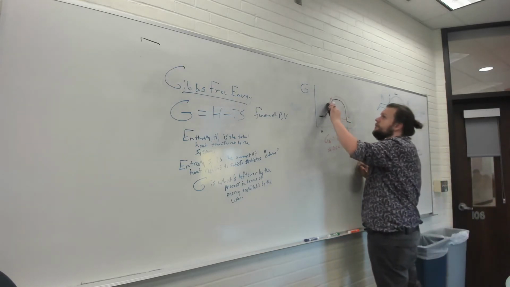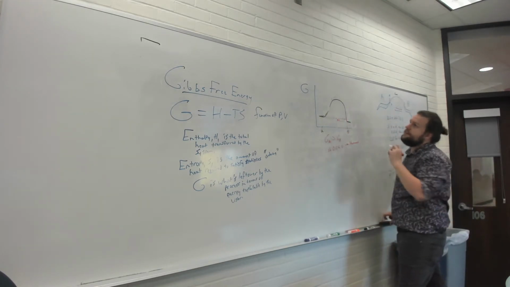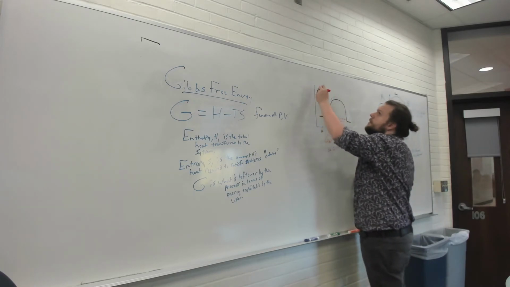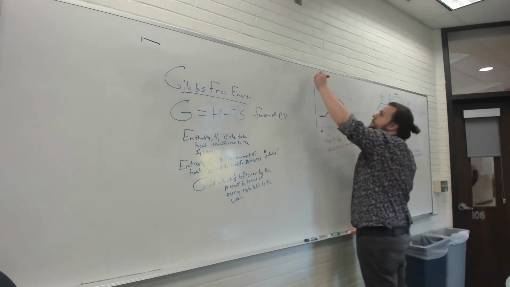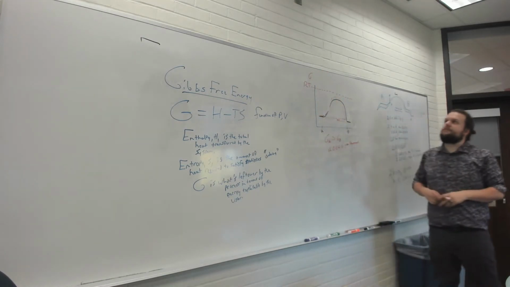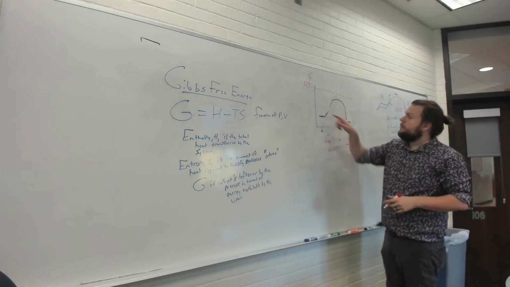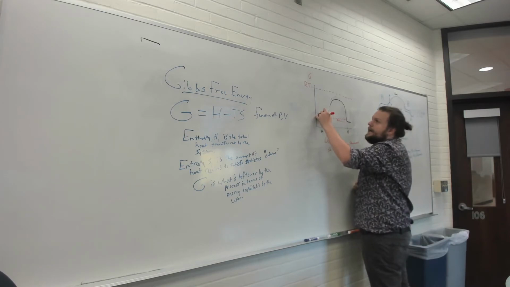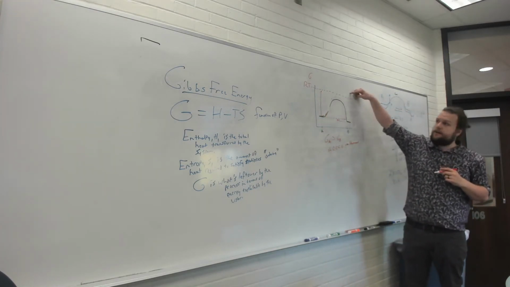So for instance, where that energy comes from is thermal energy. Let's say RT is here. So the system on average has that much thermal energy just from temperature. So any molecule in A automatically has enough energy to be above the barrier.